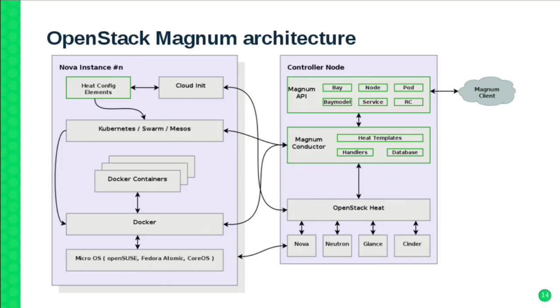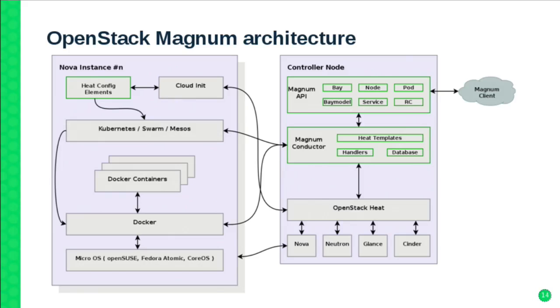We can choose our image, which is supposed to be used for deploying Kubernetes. And at the end, of course, Nova compute will take care of launching the virtual machines for us.